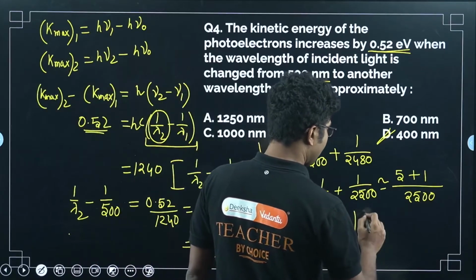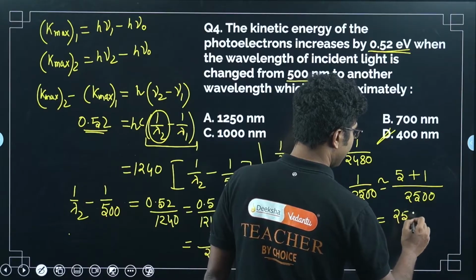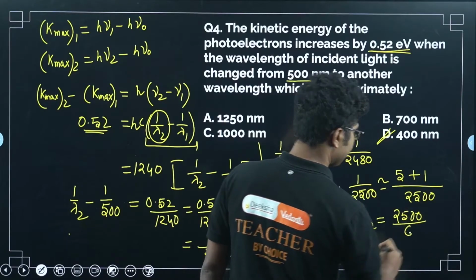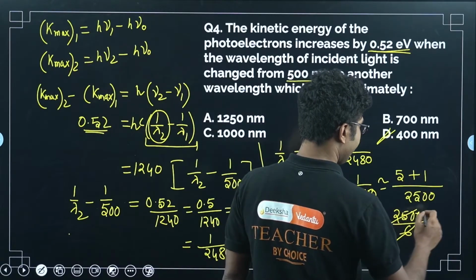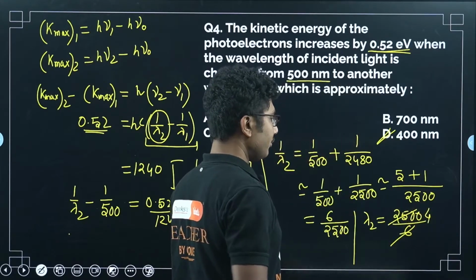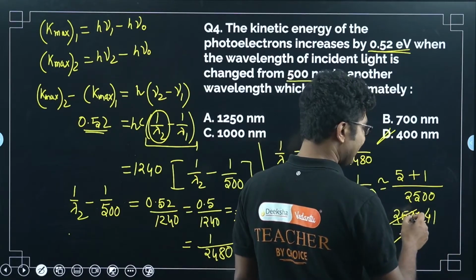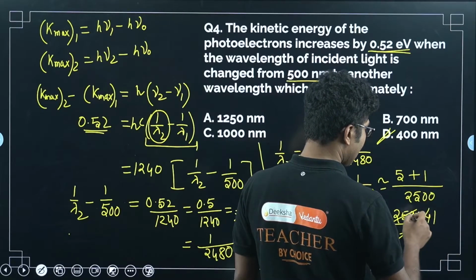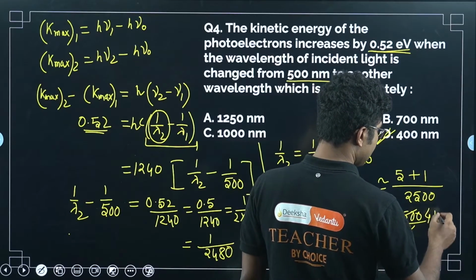So lambda 2 will be equal to 2500 divided by 6. So 4 sixes are 24, then 1 is there, so 6 ones are 6, and then there will be 40, and 6 sixes are 36.